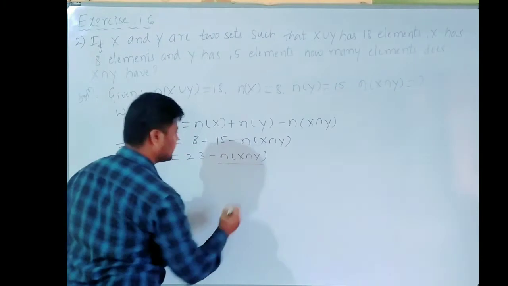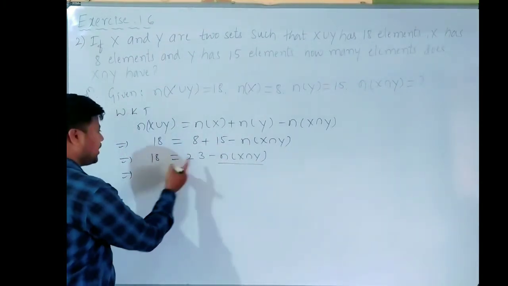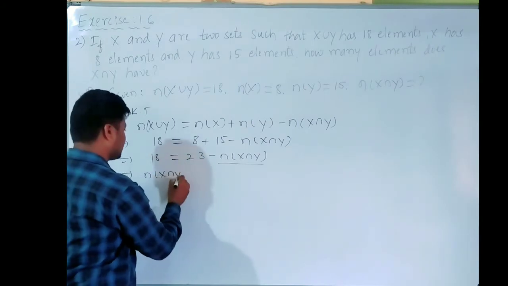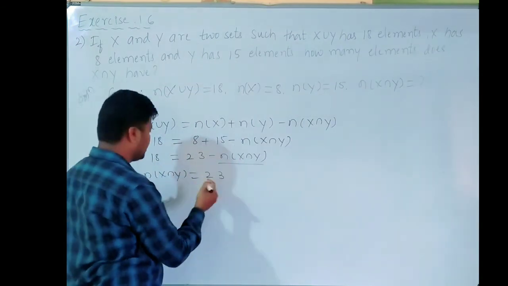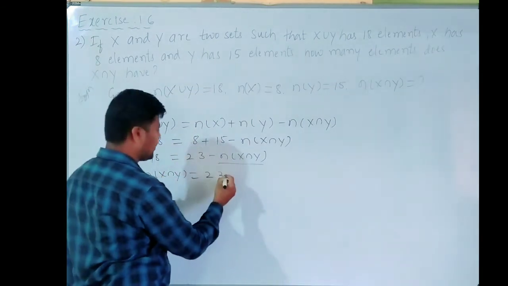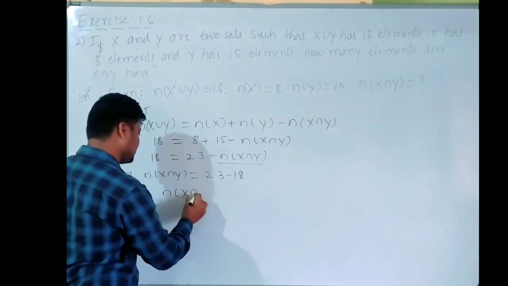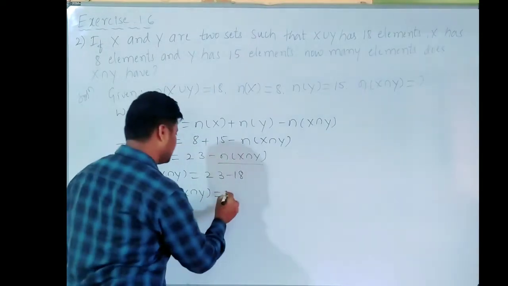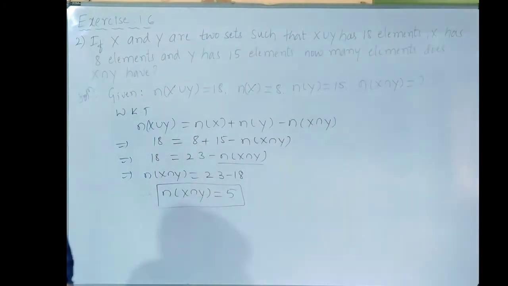Transferring n of x intersection y to the LHS, it becomes plus, so n of x intersection y equals 23, and transferring 18 to that side, minus 18. So the number of elements in x intersection y equals 23 minus 18, which is 5. Okay, note down.